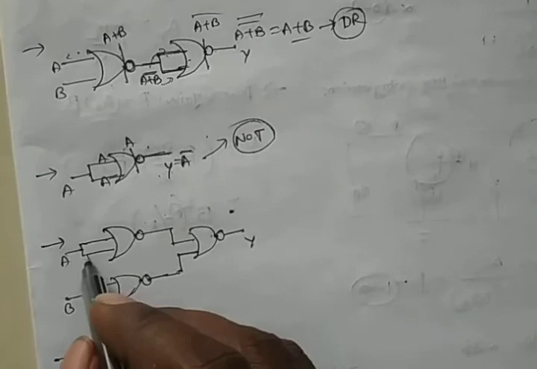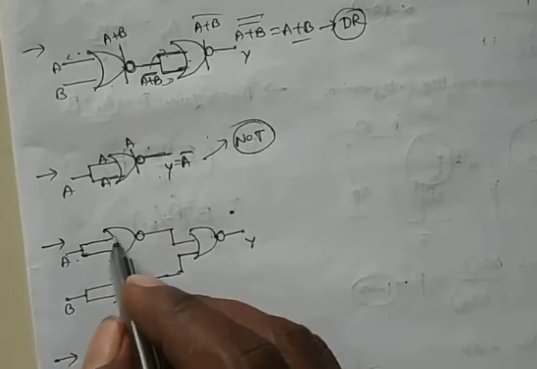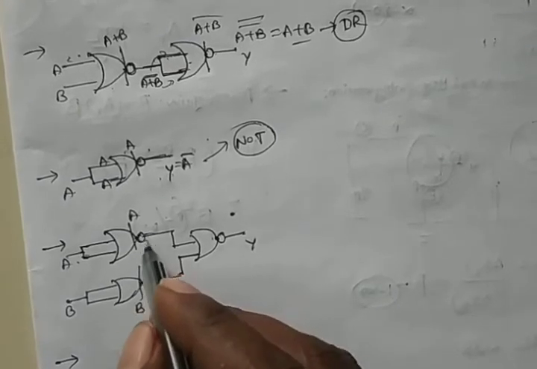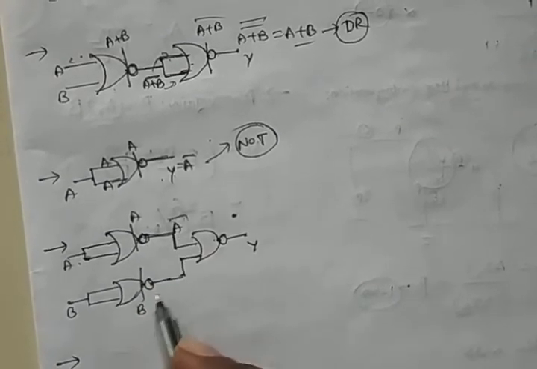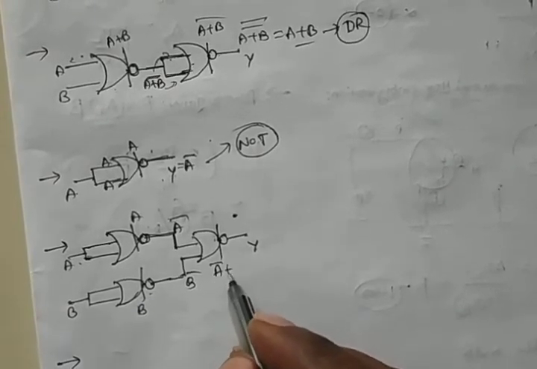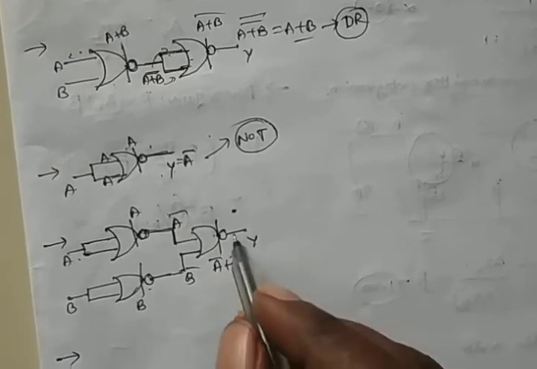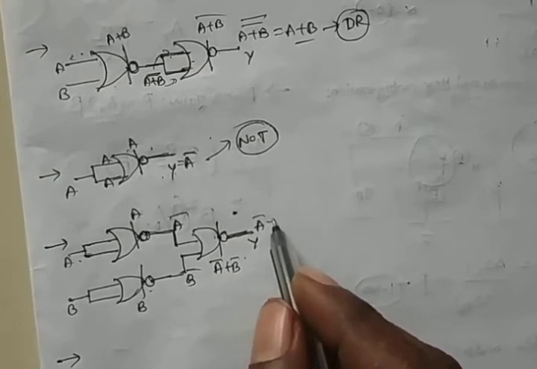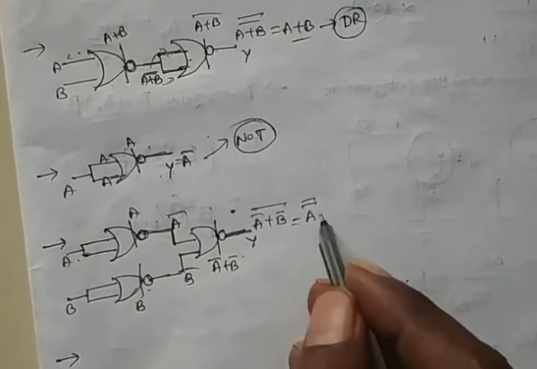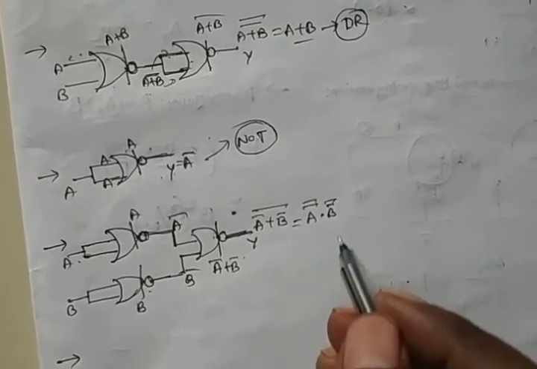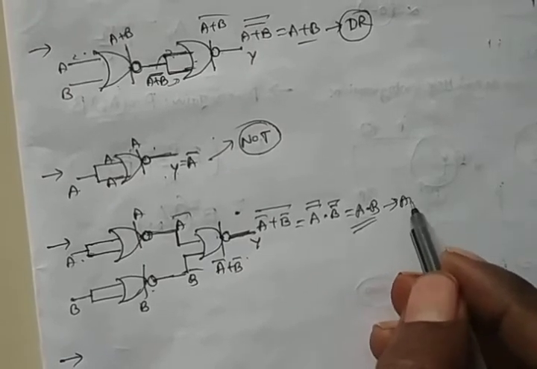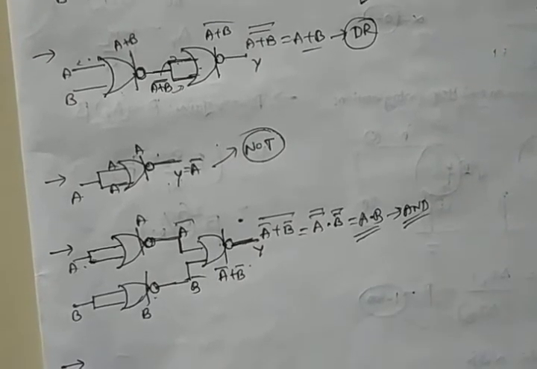Next, up to now this is A, up to this B. After the circle, A bar. After the circle, B bar. This is an OR gate. Then A bar plus B bar. After the circle, (A bar plus B bar) whole bar means A double bar dot B double bar. So you can write like this. That gate is called what? AND gate.